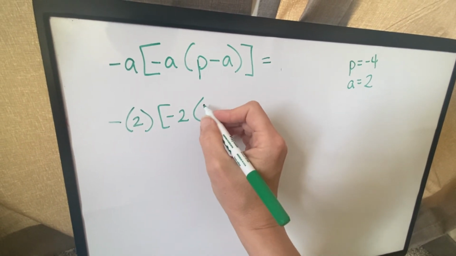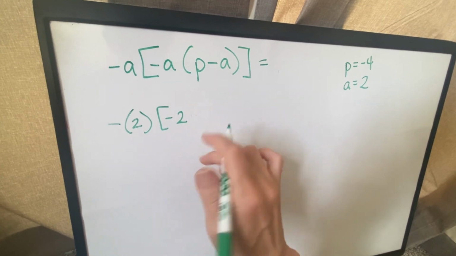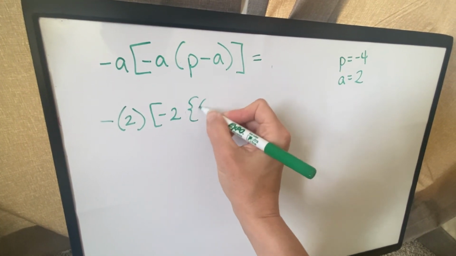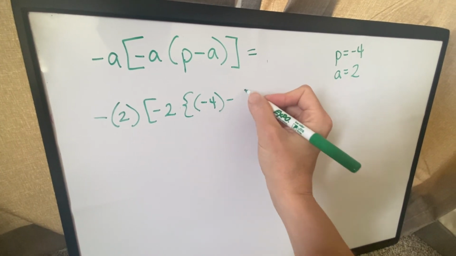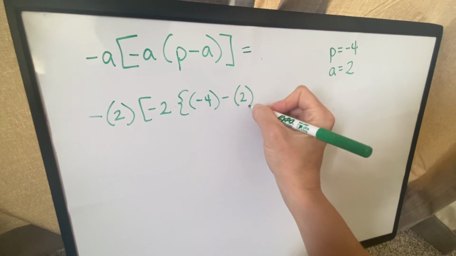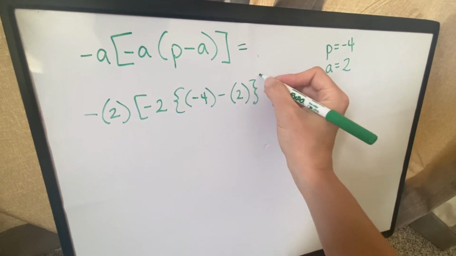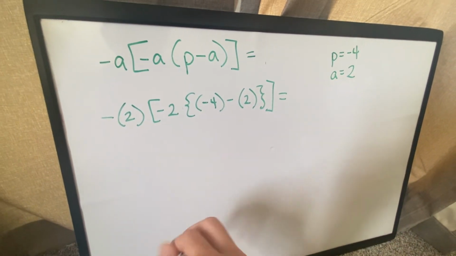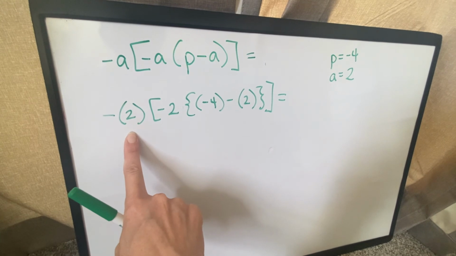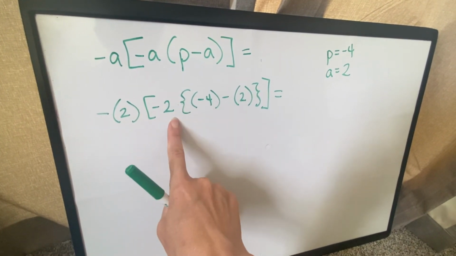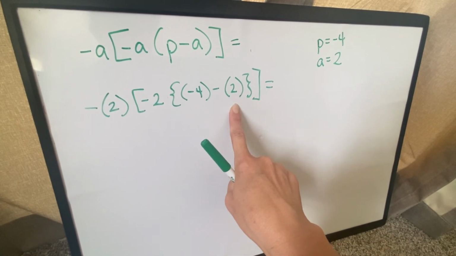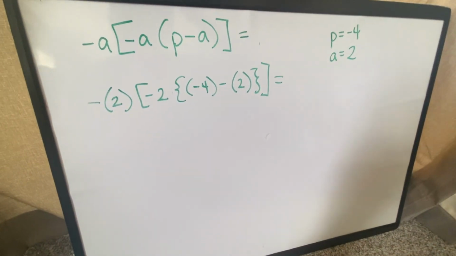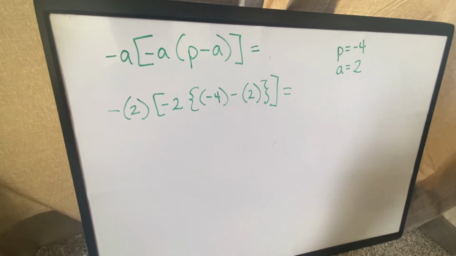Anytime there's a P, I'm going to change this to P is -4, minus this guy, and then a bracket. Okay, let's make sure that we have this. We have a 2 here, a 2 here, a -4 here, and a 2 here. Okay, so now we just need to evaluate.